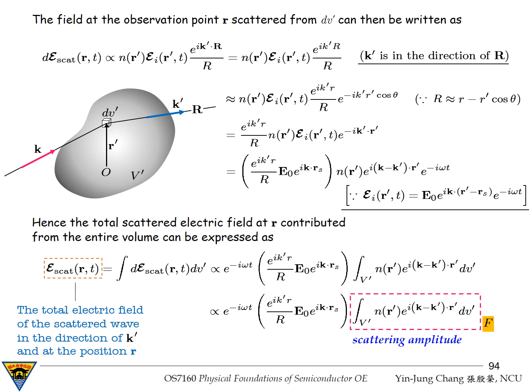In other words, diffraction experiments measure the reciprocal space structure of a crystal. This result explains why the reciprocal lattice plays such a fundamental role in crystallography and solid-state physics. In the next step of the derivation, we will see that strong diffraction occurs only when k prime minus k equals a reciprocal lattice vector, which is precisely the law of diffraction condition.